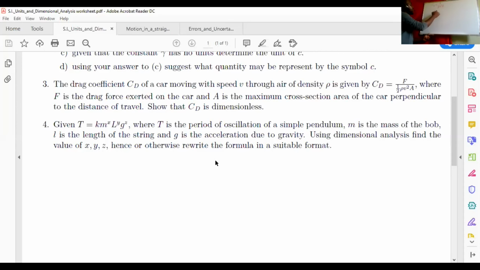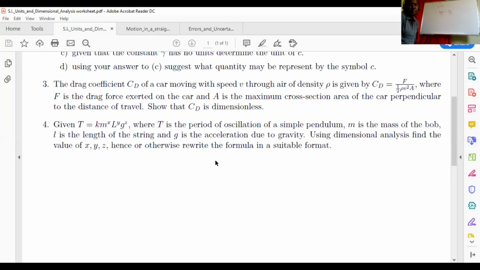Alright, so let's go. Force we know is mass times acceleration, so meters per second squared, right? Divided by rho, which is density, which is mass over volume, kilograms per cubic meter, right?